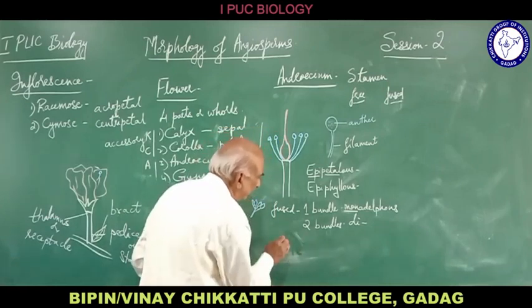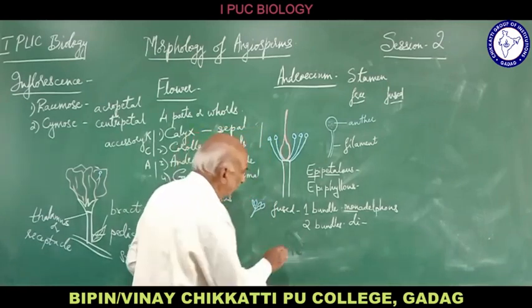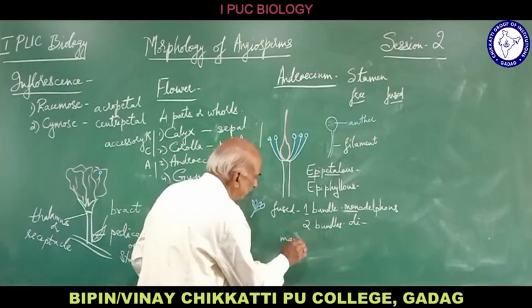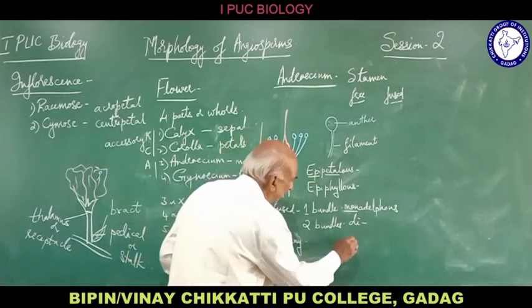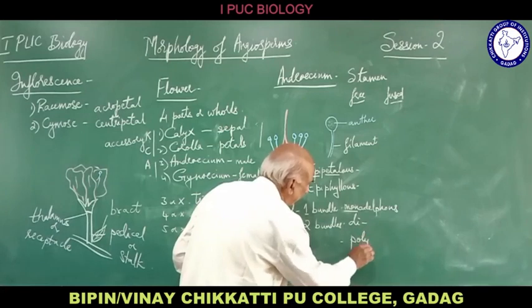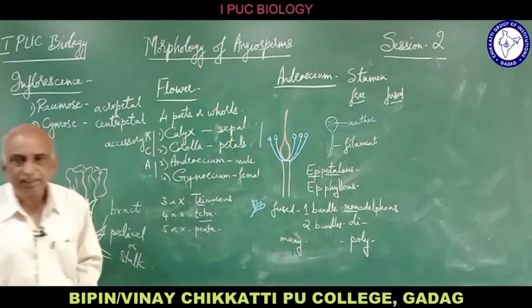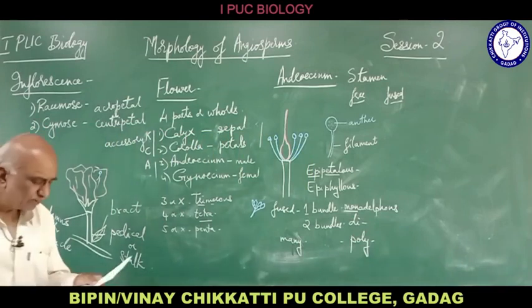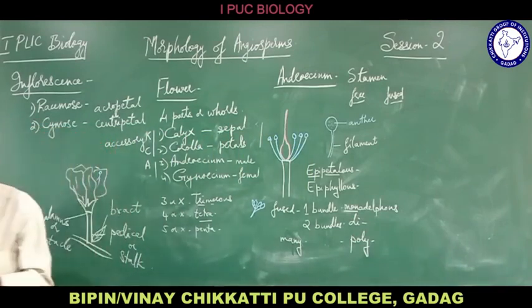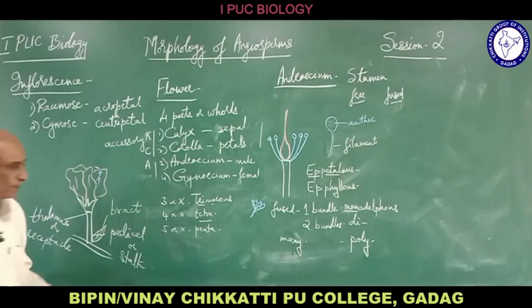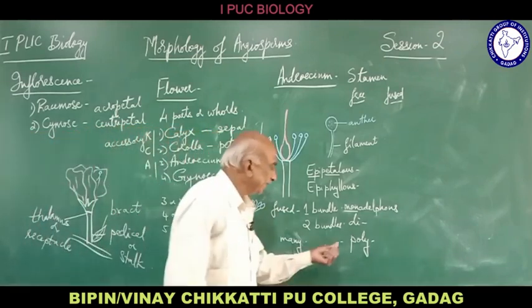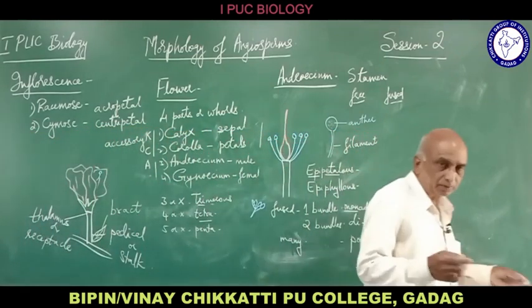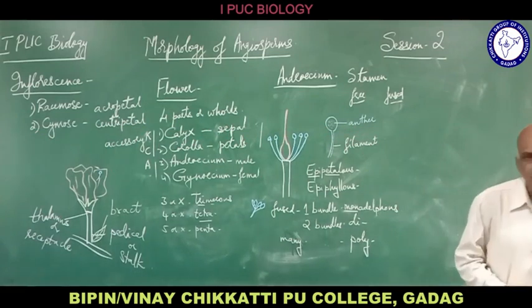Then when there are 3 or more bundles, it is called polyadelphous. In case of castor, we can see this kind of arrangement. Even in case of citrus and castor plant, there are many stamens.